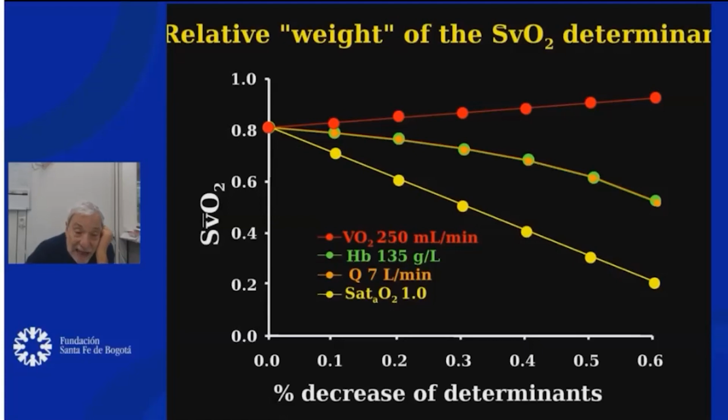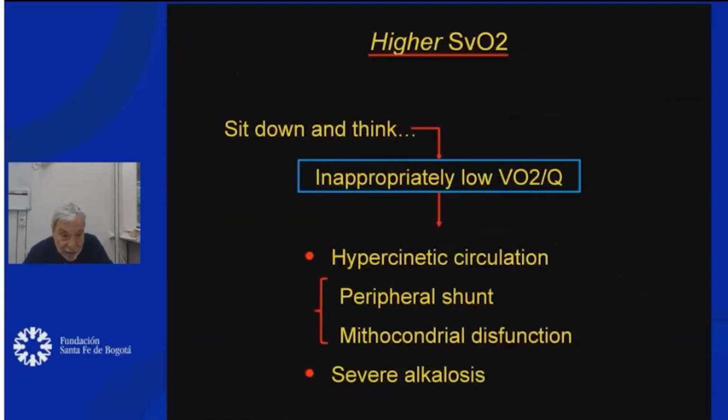And you can see that hemoglobin and cardiac output have the same relationship with SVO2. And the saturation of oxygen, of course, is like this. So this gives you an idea of how much the different determinants play a role.